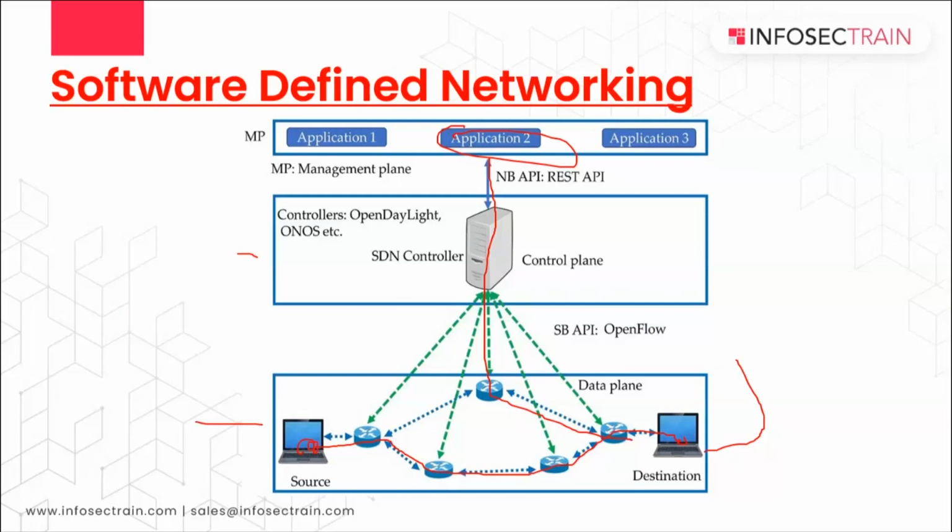Now SDN brought one thing into the picture that is known as SD-WAN, software defined wide area network. Using SDN, when I am going to create a wide area network, that is what I am going to call SD-WAN.